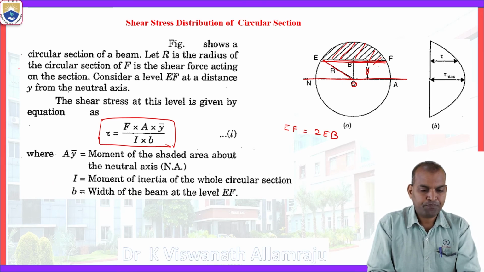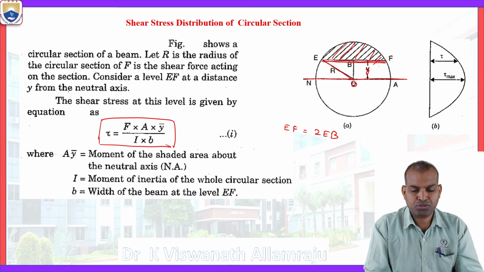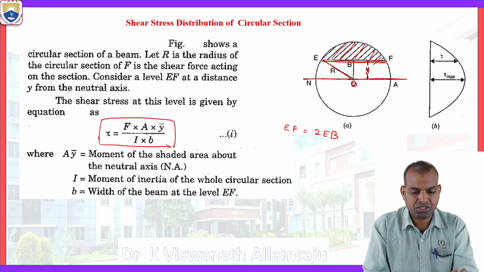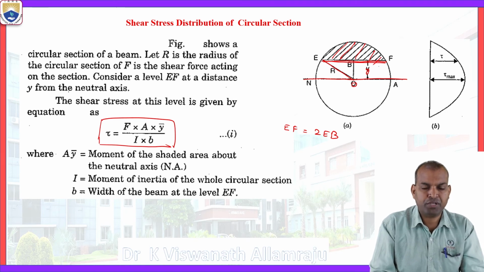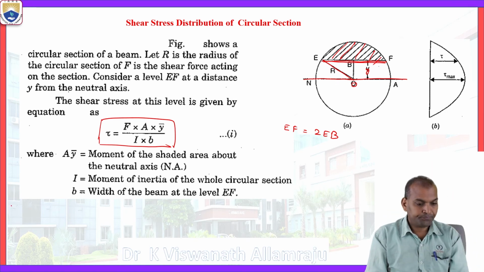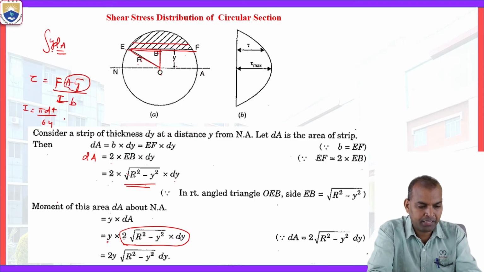You have to write how the figure indicates, with EF and Y the distance from the neutral axis to EF, and EF is the hatched area. What is the shear stress equation? The shear stress at any section is tau equal to F A Y bar by I B. Okay, from that we have to begin, step by step with the elemental area. First, find A Y bar.